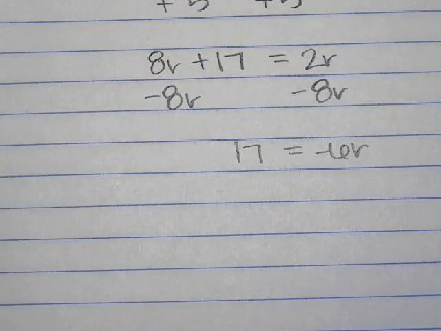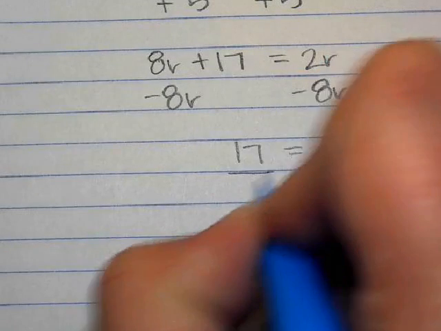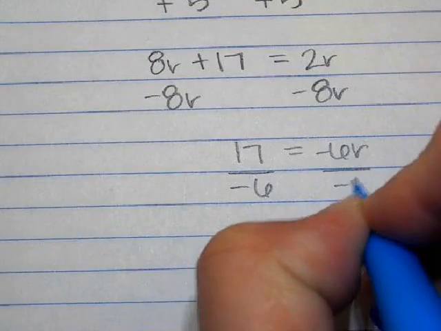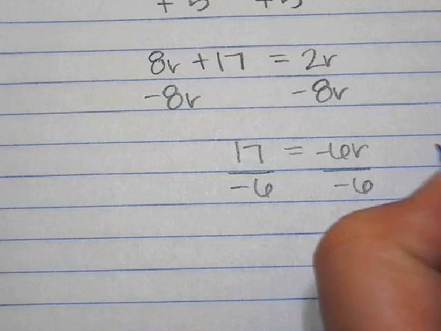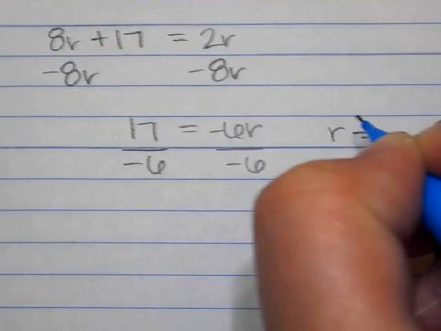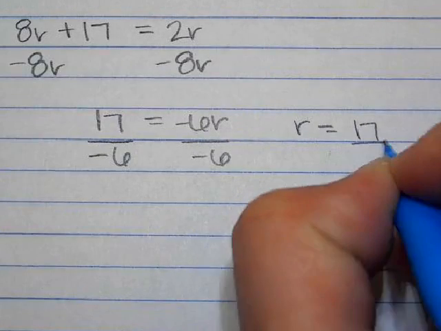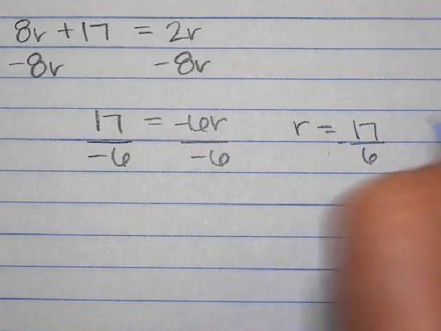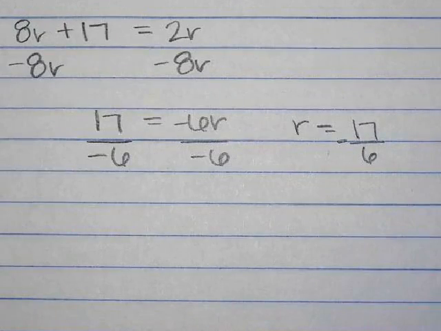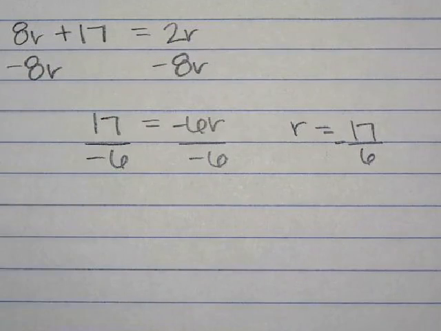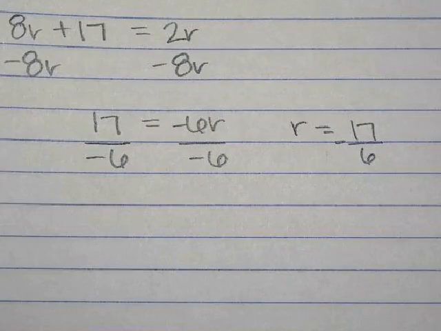And then what should we do? So 17 over 6 with a negative in the front. Most people would put the negative in the middle or on top. You can leave it on the bottom. It's not wrong. It's just that most mathematicians would not do that. Most mathematicians would move it to the middle or the top.